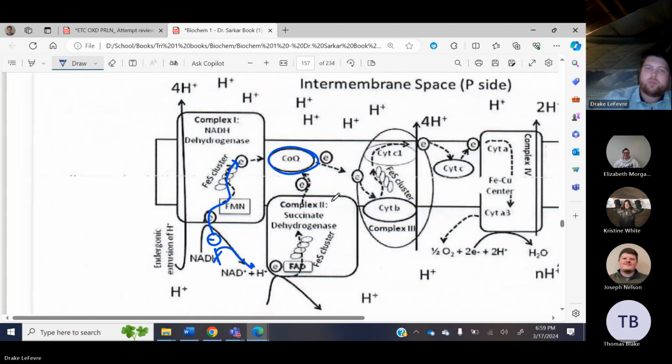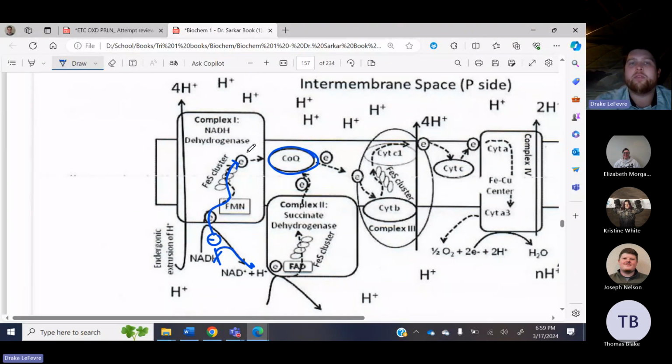Okay. Within this process of pulling off the electron, complex 1 is going to use some of that energy to pump hydrogens up through the membrane. So we get an electron coming off, electron transported, given then to CoQ, and hydrogens being pumped up through.